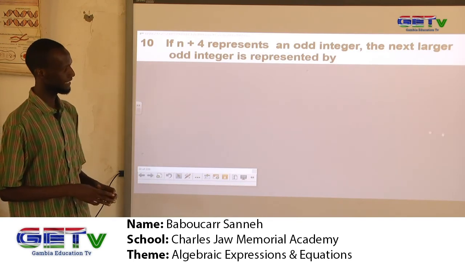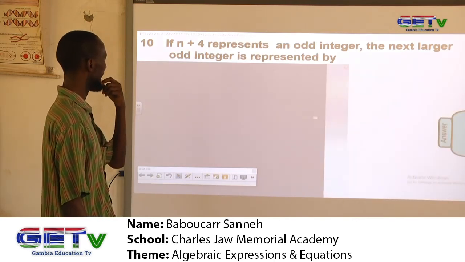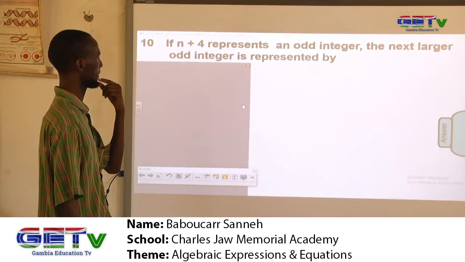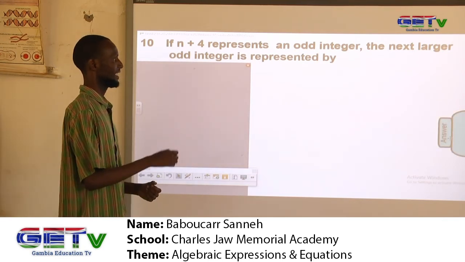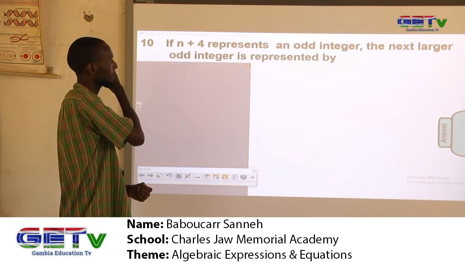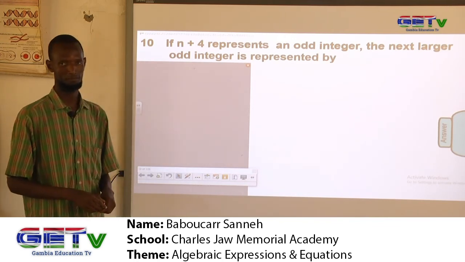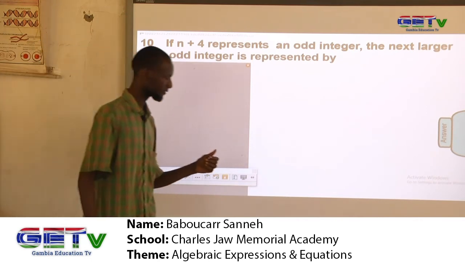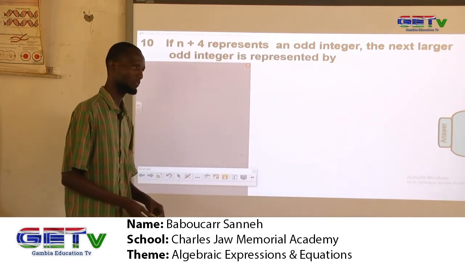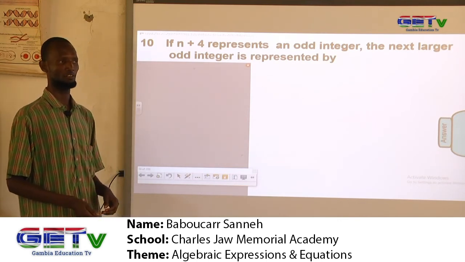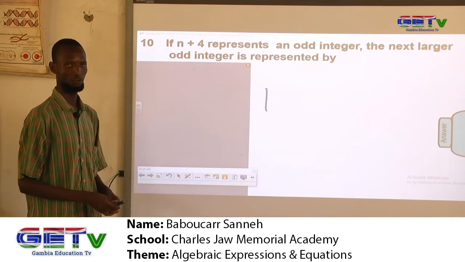Now here is a tricky one. If n plus 4 represents an odd integer, the next larger odd integer is represented by what? Now, let's focus on odd numbers a bit. What's the first odd number you can think of? 1 is odd.